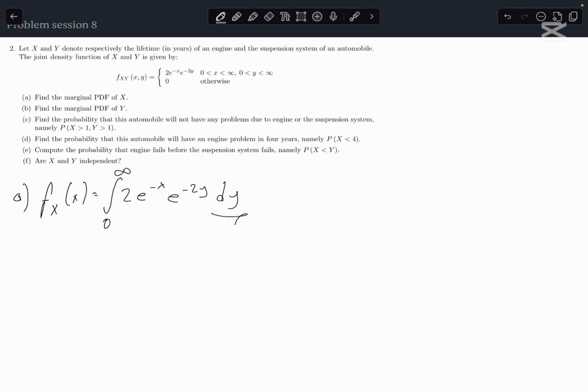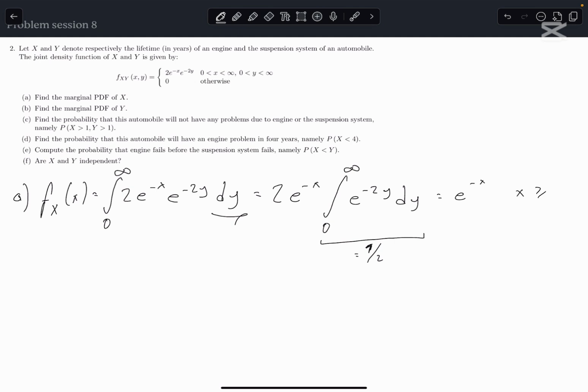We need to integrate over y to find the marginal PDF of x, and it equals e to the power of minus x times the integral from 0 to infinity of e to the minus 2y dy. This is 1/2, and it will become e to the minus x for x greater than or equal to 0.